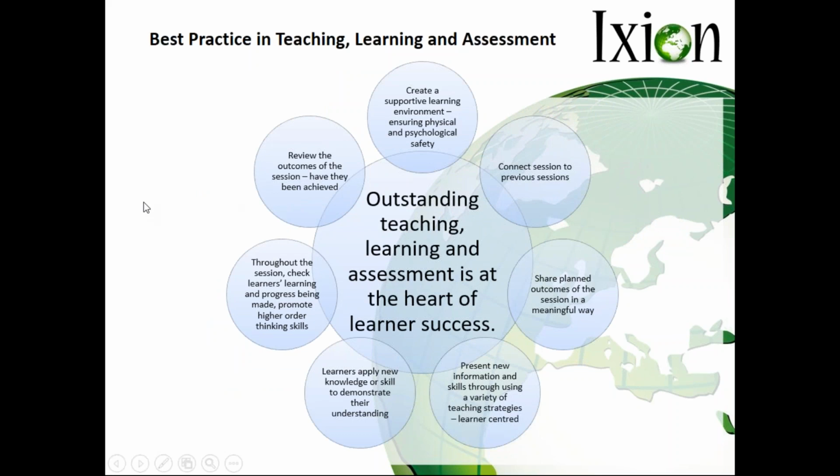So, delivering a good or outstanding teaching, learning and assessment session impacts on the learner achieving and successfully completing a programme or course with us. There are some basic things that we can do as teachers and assessors to kickstart the learning cycle, which you can see on the screen at the moment.